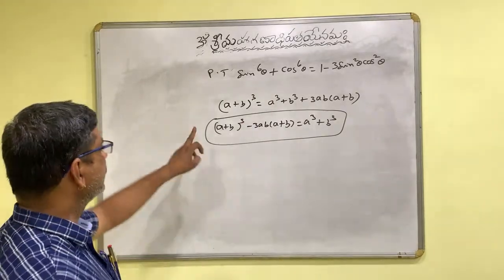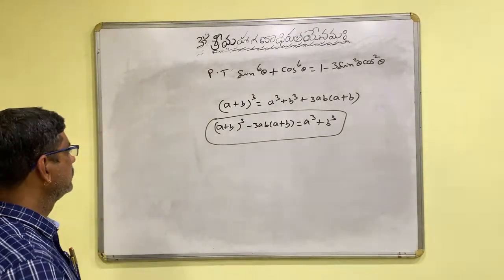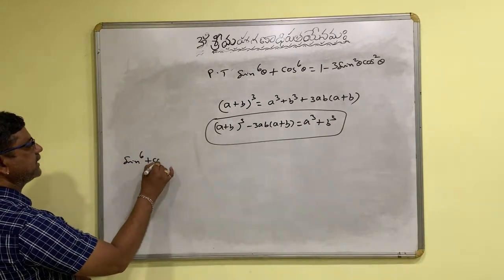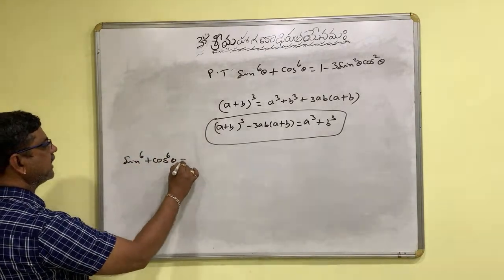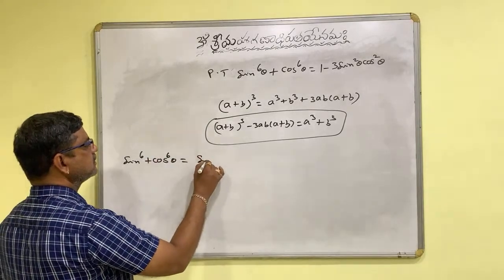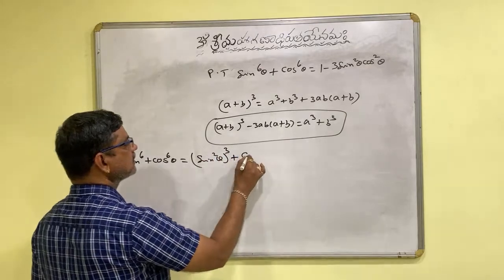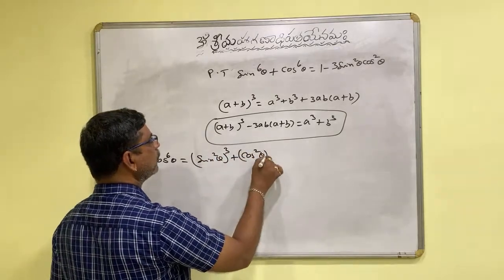This formula I am going to use now. So what I will do? I will consider sin power 6 theta plus cos power 6 theta and I will write this one as sin square theta whole cube plus cos square theta whole cube.